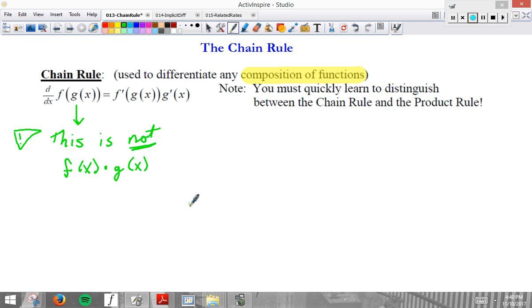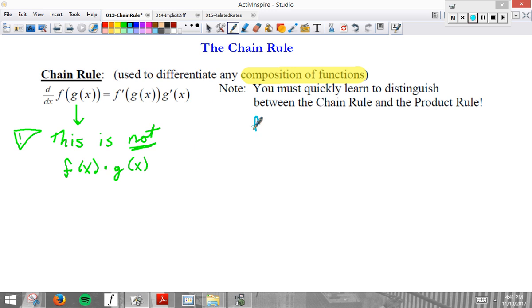This is still take the derivative of the outside function, keep the inside the same, multiply by the derivative of the inside function. This is still that. Okay?